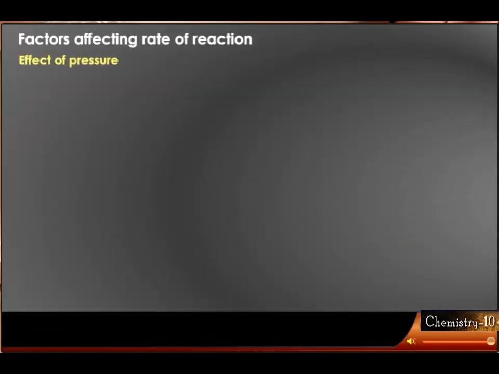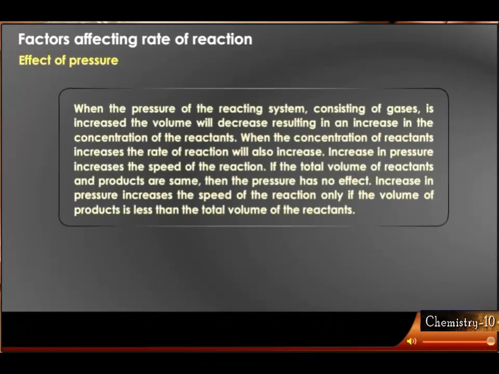Effect of pressure. When the pressure of the reacting system consisting of gases is increased, the volume will decrease, resulting in an increase in the concentration of the reactants. When the concentration of reactants increases, the rate of reaction will also increase.